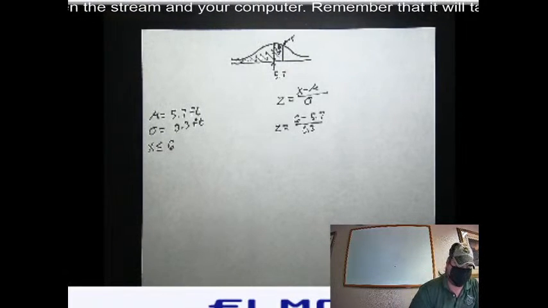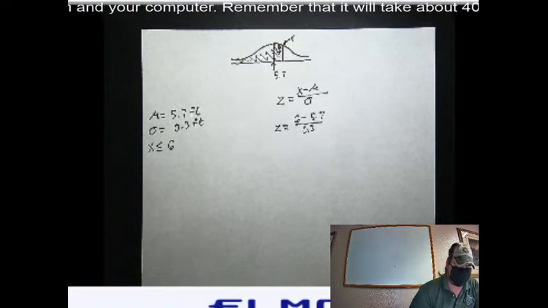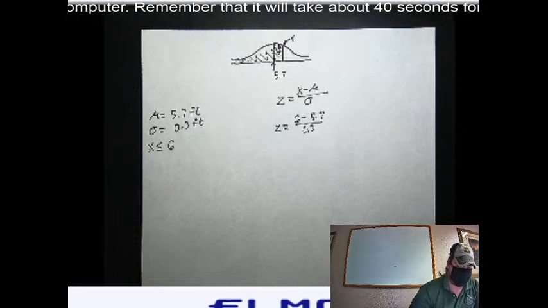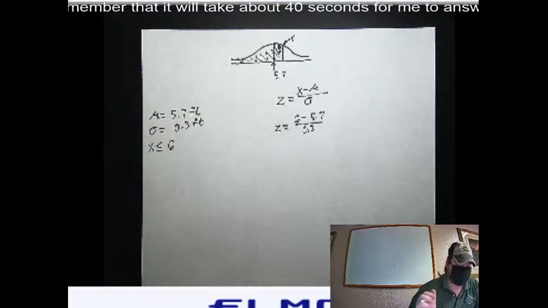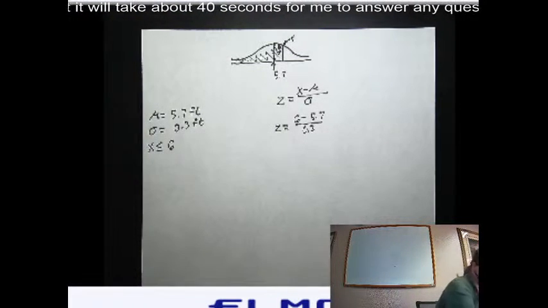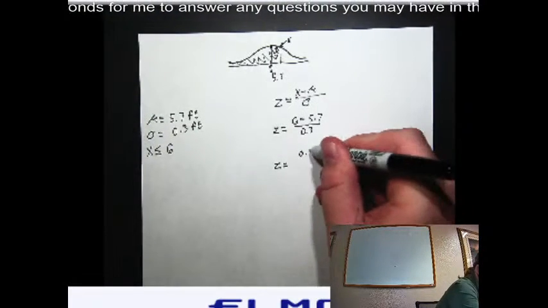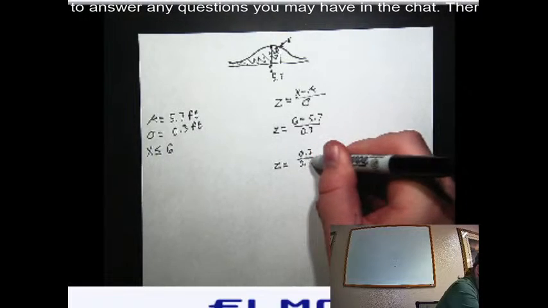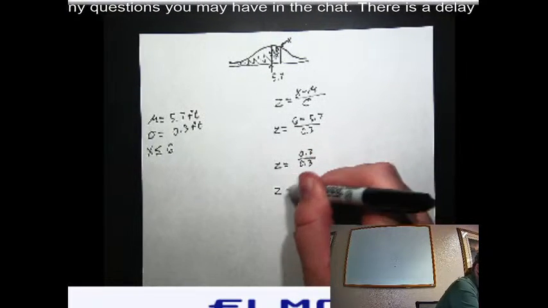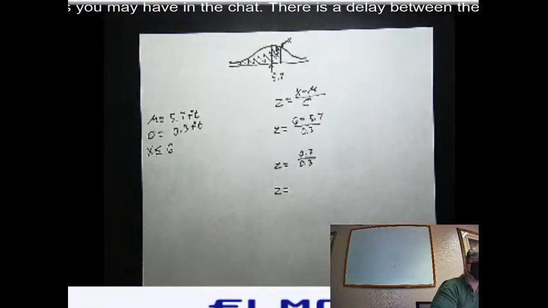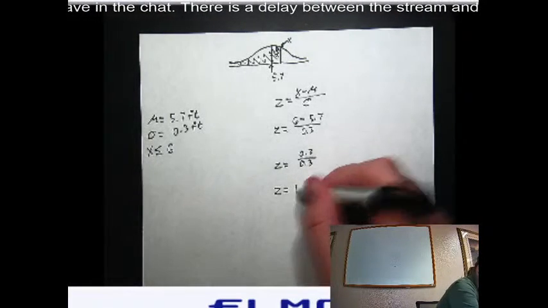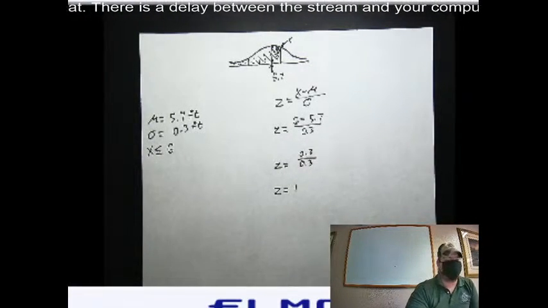Get my calculator out here. 6 minus 5.7 is 0.3. And what is 0.3 divided by 0.3? 1. Okay.